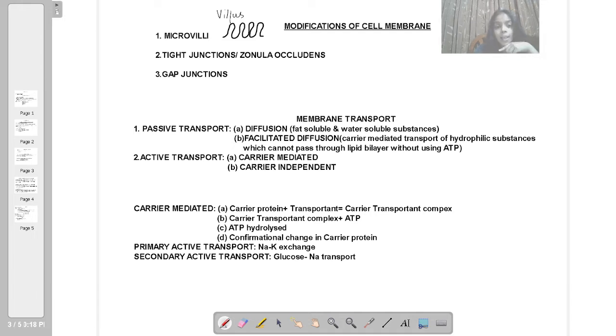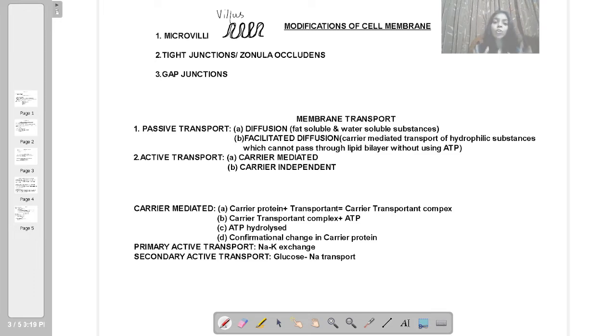How do they help the cell? Now you see, if this is the fold, it is increasing the surface area, isn't it? It is increasing the surface area so that absorption can take place effectively. What kind of absorption are we talking about? If it is a nephron, then absorption of usable materials, definitely. Usable materials like glucose, amino acids, water.